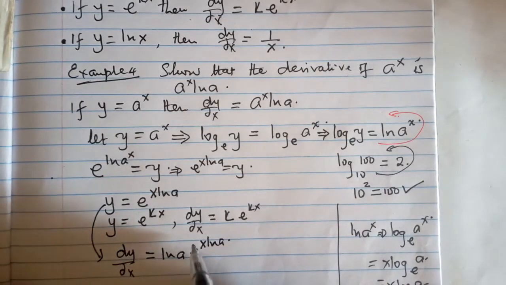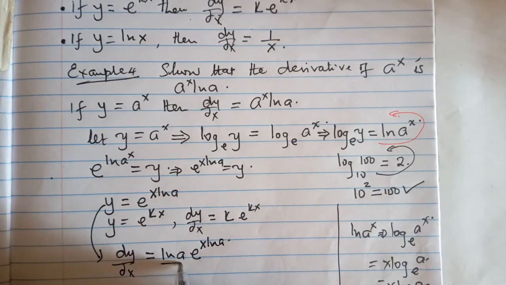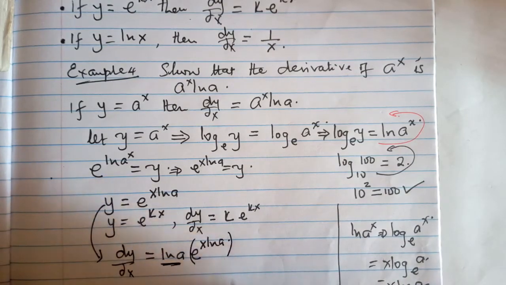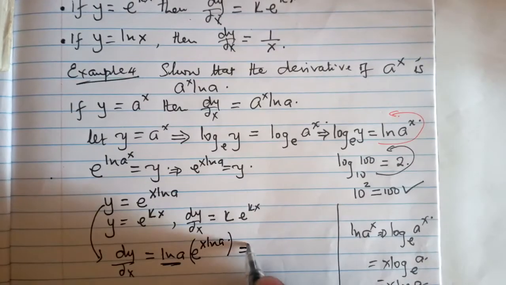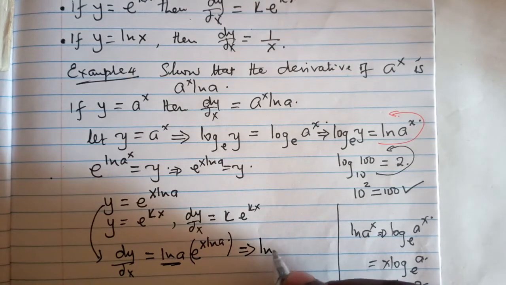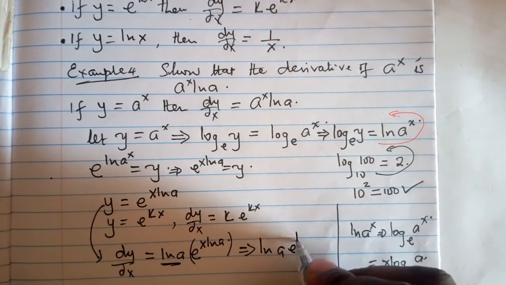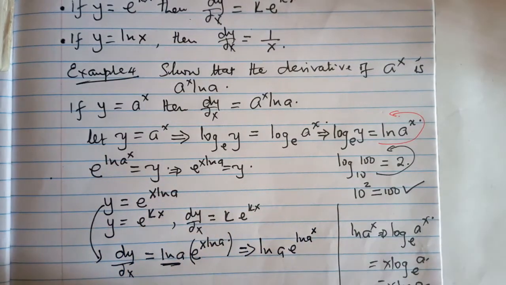Now that we have had our k, I want us to concentrate on that part, because we can rewrite it in terms of ln a times e raised to power ln a raised to power x.